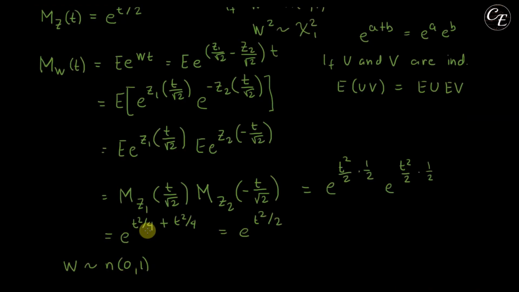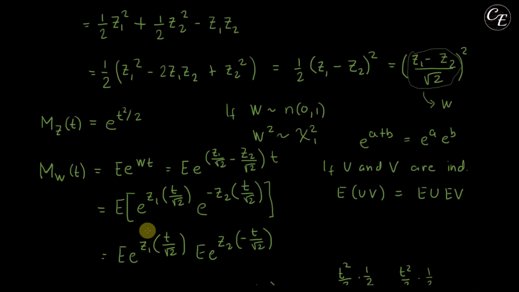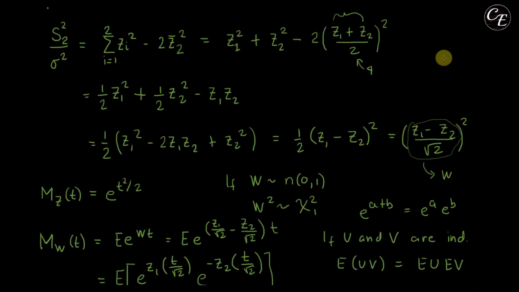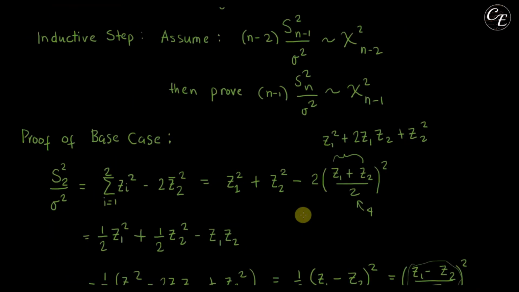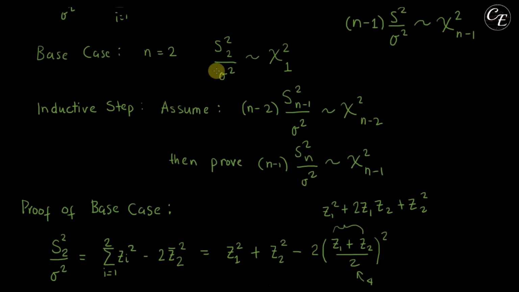So now, from here, it is true, then w squared, which is this one, and the same with this one, has a chi-squared distribution with 1 degree of freedom. So this one, which is same with this one, has a chi-squared distribution with 1 degree of freedom as proved. So now we have proved our base case.